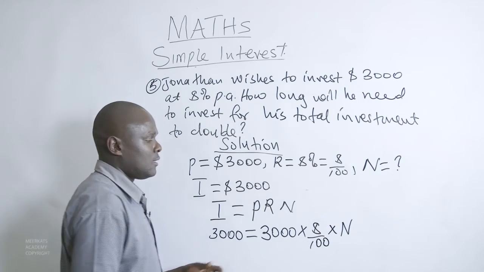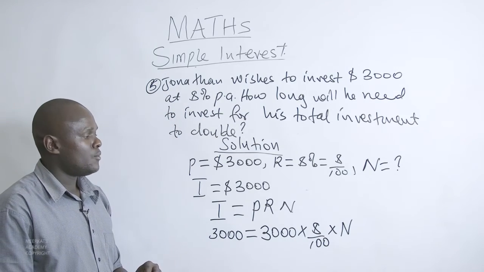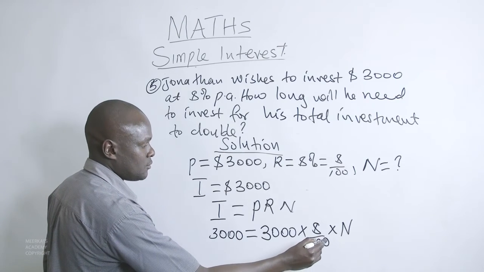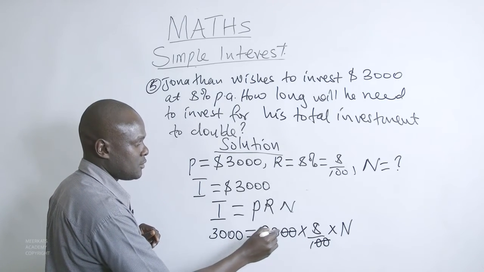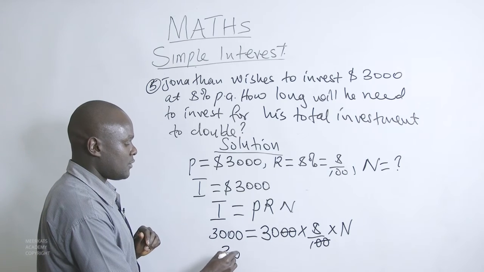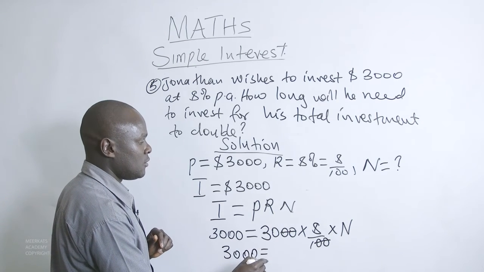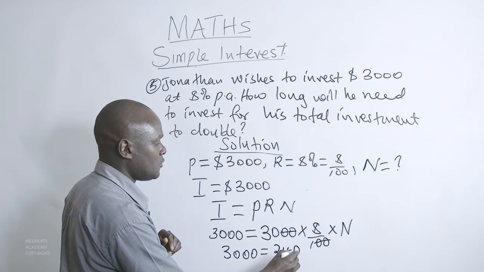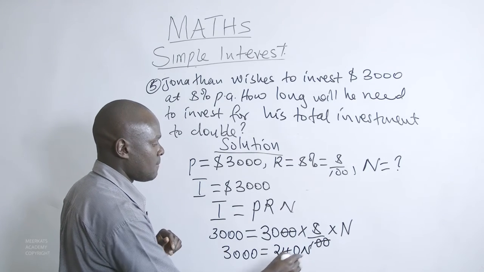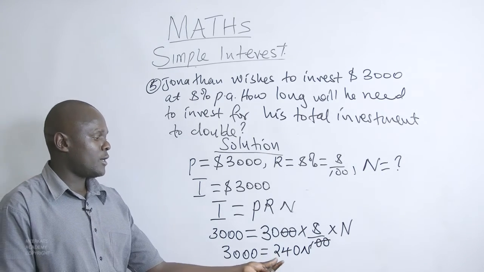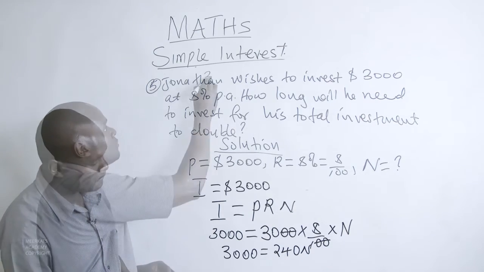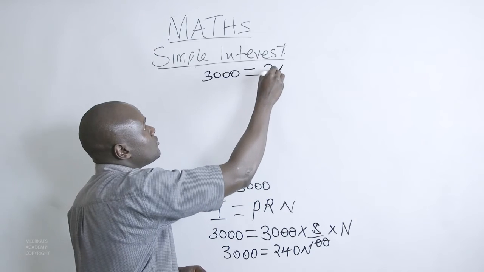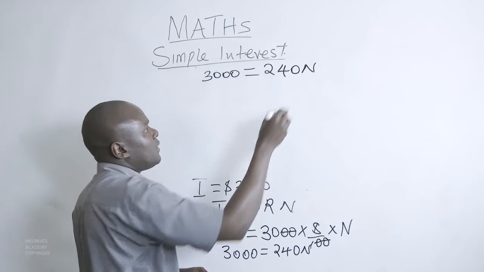And we are calculating the period denoted by N. These two zeros will cancel with the two zeros. We will have 3,000, which is the interest accrued, being equal to 240 multiplied by N. So we have $3,000 as the interest. This other side we have 240 multiplied by N.